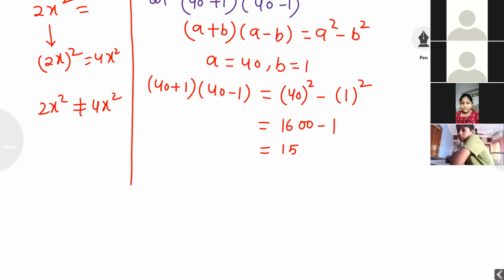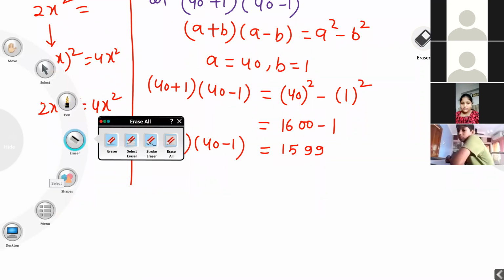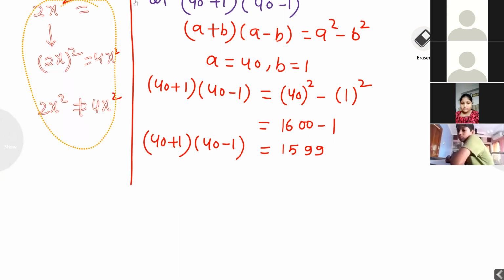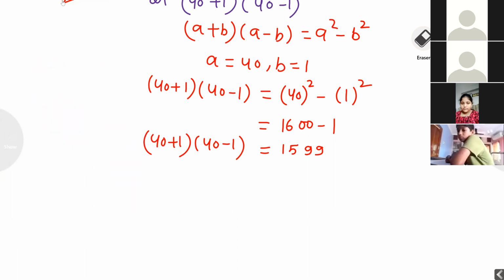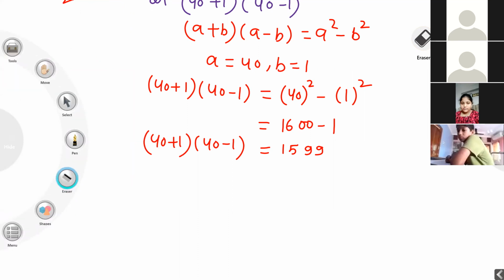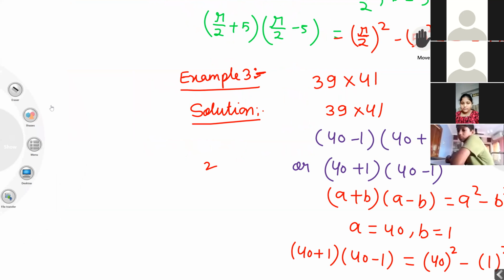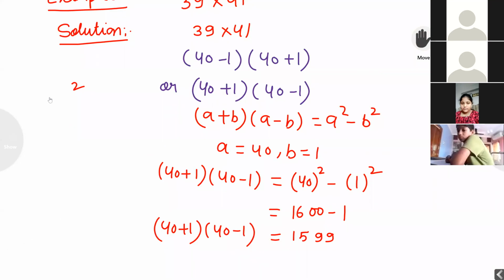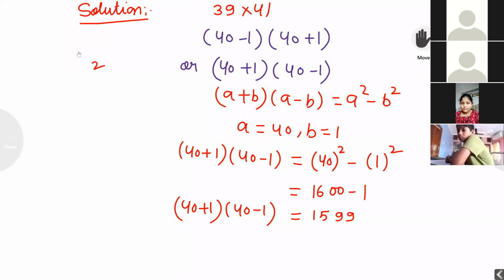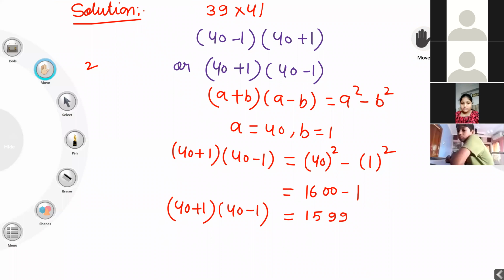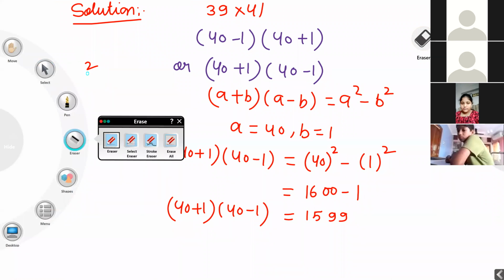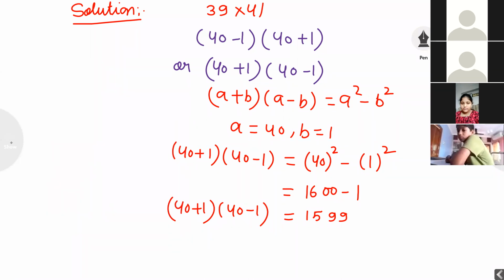This is the right answer. Note down, everyone.